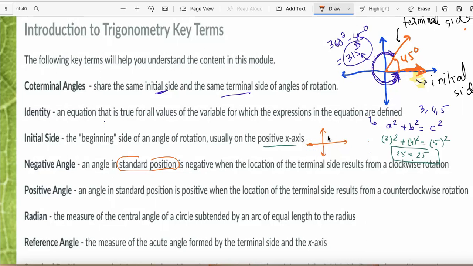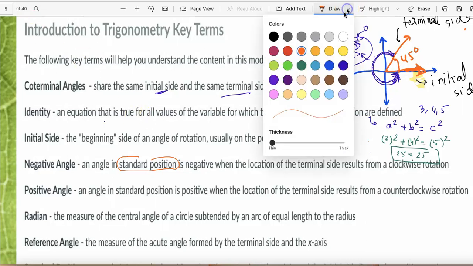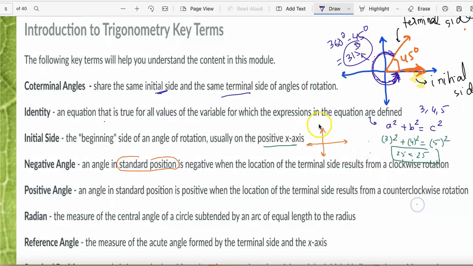First of all, the question is, what is standard position? An angle with its vertex. The vertex is this point. If I'm drawing an angle over here, this dot is called the vertex.